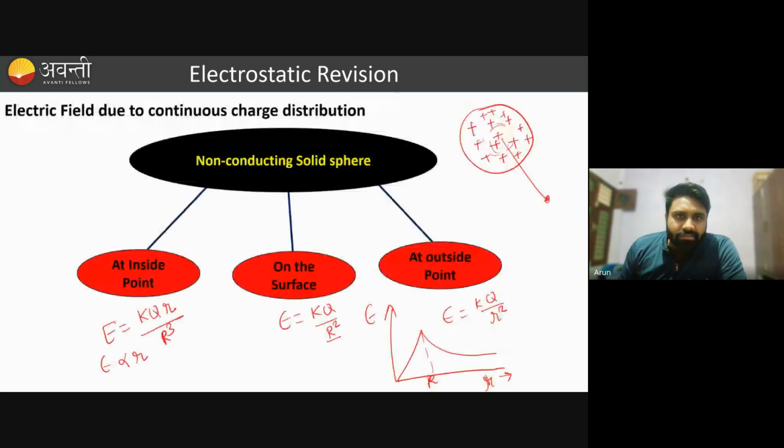But in the previous concept that we have taught, this is a non-conducting solid sphere. At an inside point, the electric field intensity varies linearly. So at the center, r is equal to 0, so the electric field will be 0, which means the graph will start from 0 and vary linearly up to R, and then will start decreasing with the relation E equals kQ upon r squared.